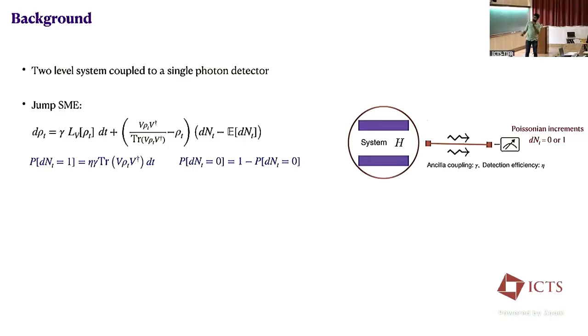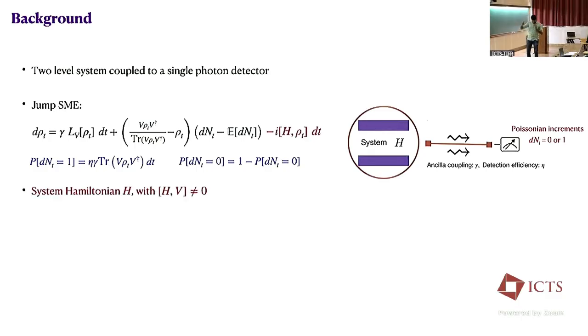And you have this parameter gamma, which parameterizes the strength of the measurement given by the coupling between the system and measurement device. And of course, your measurements are not perfect. They may be inefficient, so we parameterize that by a parameter eta.